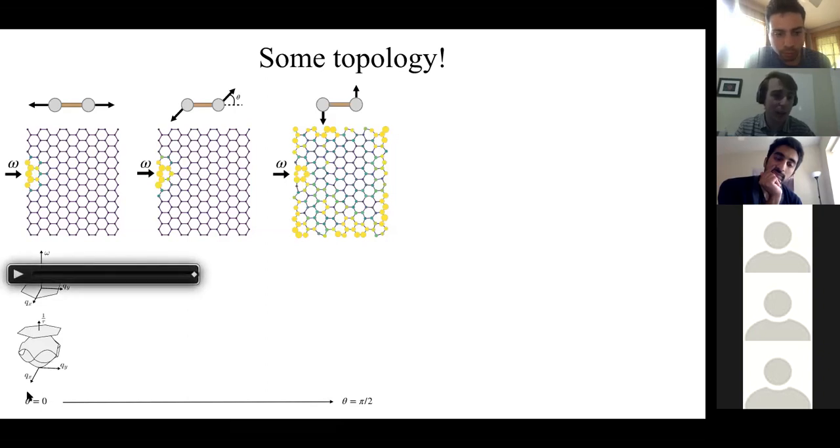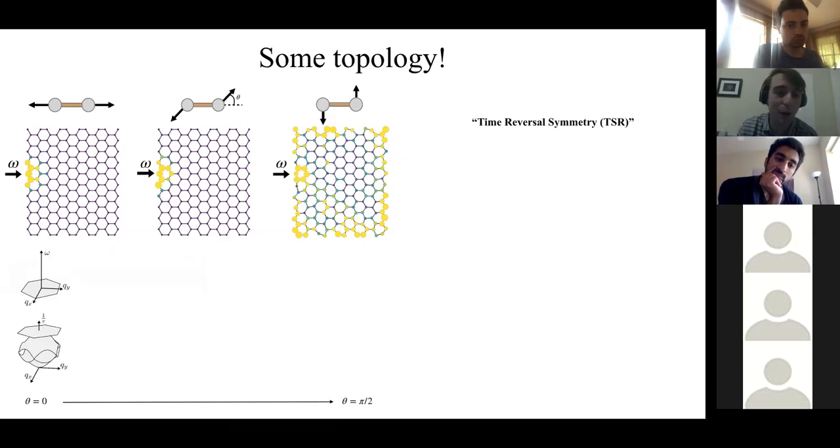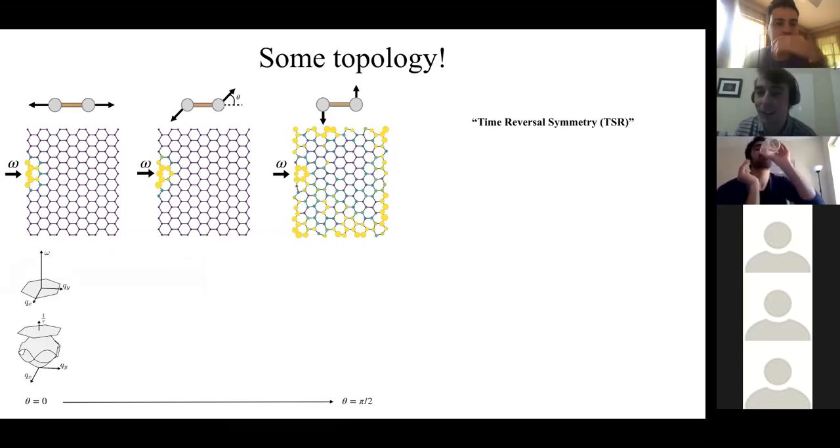Way down here at theta equals 0, we have mechanical graphene. And if there's one thing you know about graphene, if you've ever looked at the Haldane model, for example, it's that it's not topological. One of the issues with it not being topological is this time reversal symmetry, right?